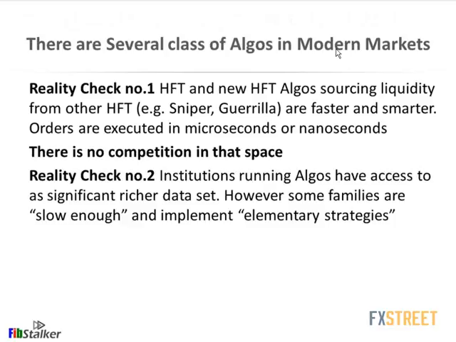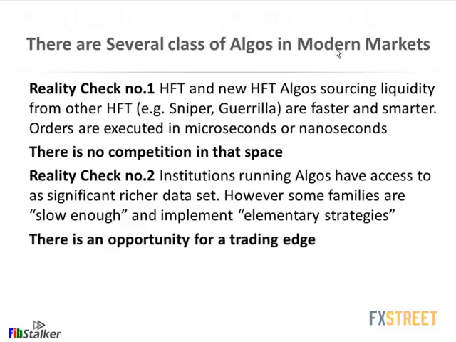If you go back to the example I just showed you, I used Fibonacci in a different way, and I have a number of very, very simple rules that I use to model algorithms in the market. So if that's the case, there is an opportunity for a trading edge if we learn to observe the price effects of classes of algorithms on the market.